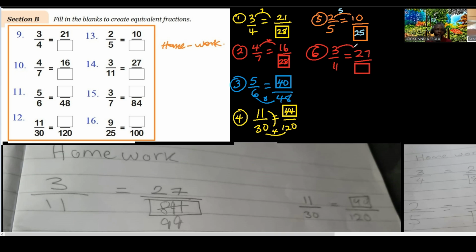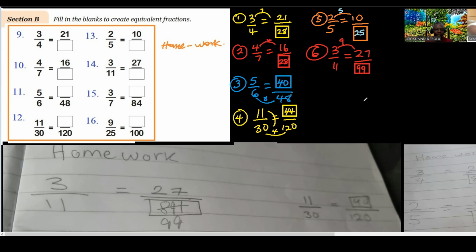No, 3 times 4 is 12. 3 times 5 is 15. 3 times 8 is 24. 3 times 9. Good. 3 times 9. So 9 times 11 gives me 99.